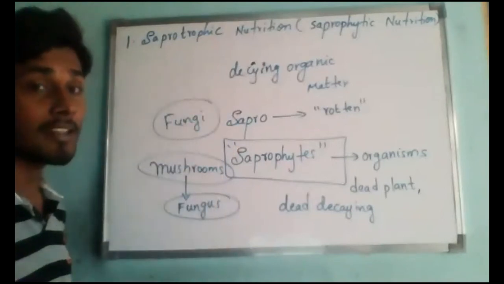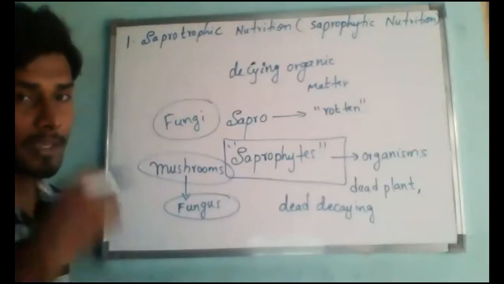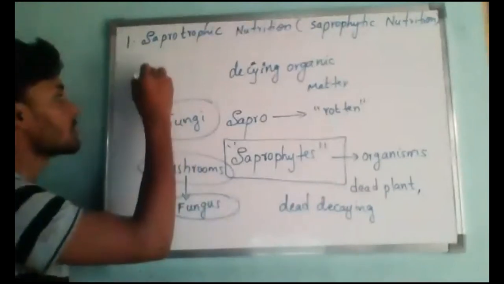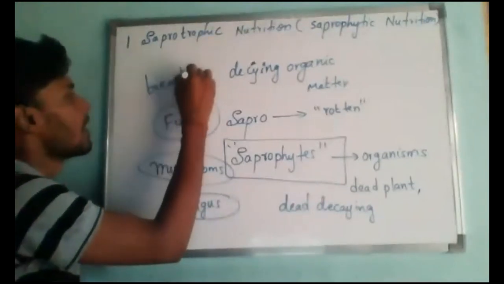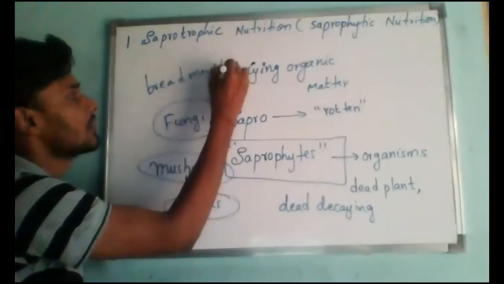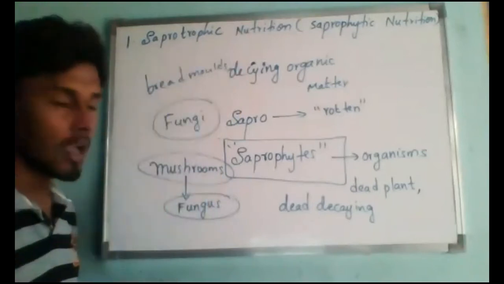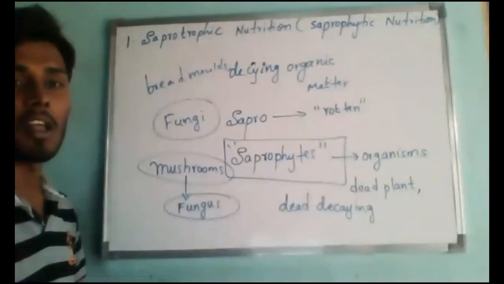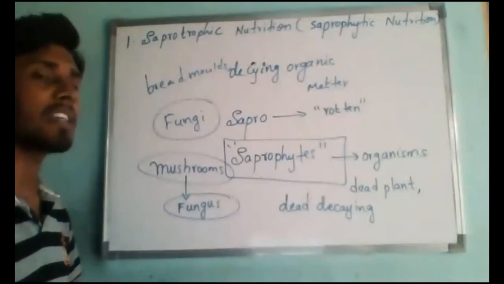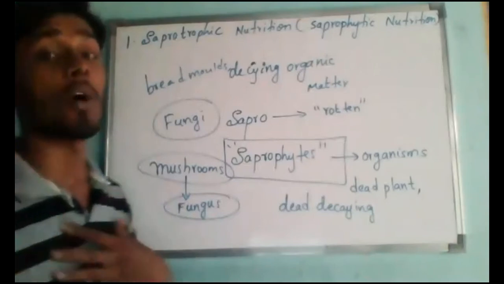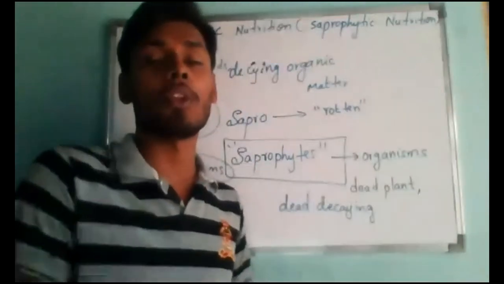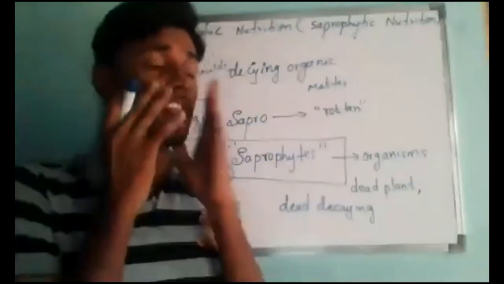So if we take all the fungi, like bread molds, which grow on bread, mushrooms, and as well as yeast, these are all fungi family. And many bacteria decompose our body. If we die and are kept under soil, after a few days there is no flesh, nothing will be there.